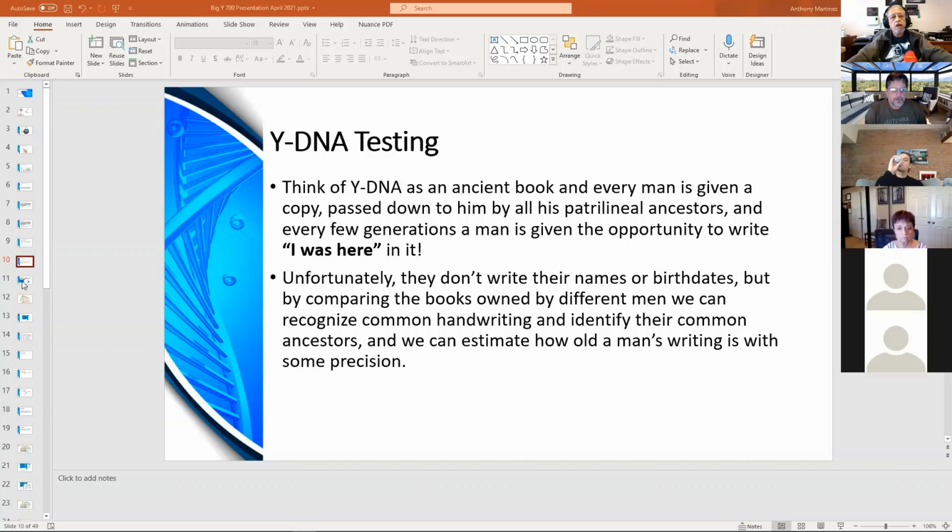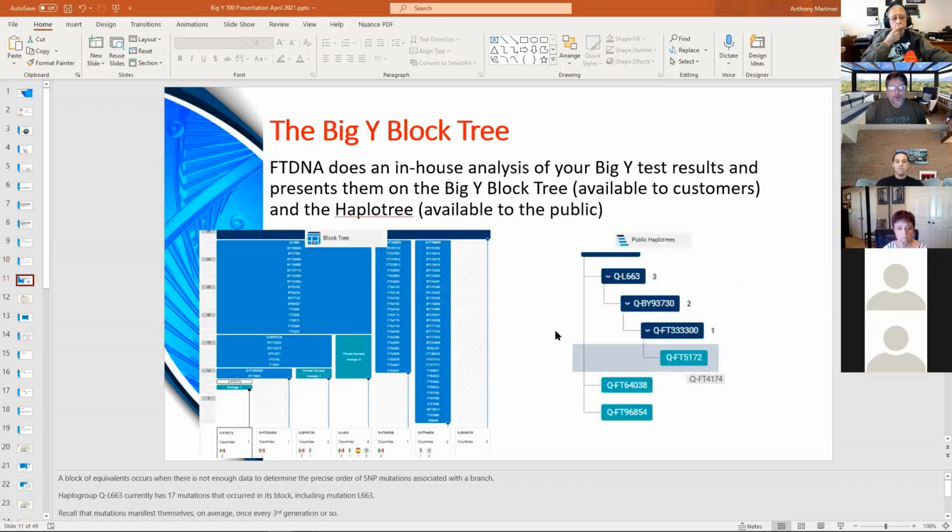All right, so when you take the Big Y, FTDNA does an in-house analysis of the results and presents them on the Big Y block tree, which you see on the left. Or you could also see it on the haplotree, which is available to anybody, which you see on the right. So it's exactly the same. So here's my family clade QFT5172.